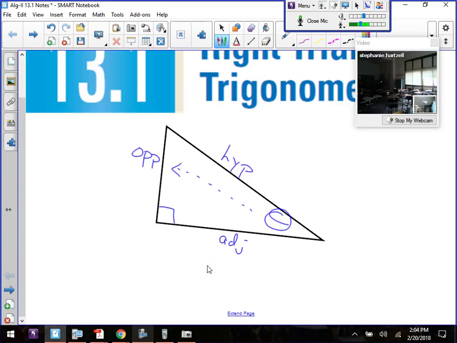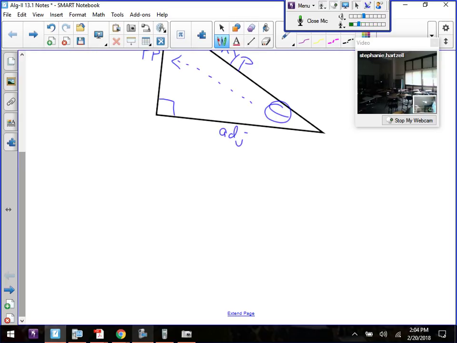And then that allowed you to talk about your first three trig functions: cosine, sine, and tangent. However you want to look at it, you had the sine of theta, the cosine of theta, and the tangent of theta.